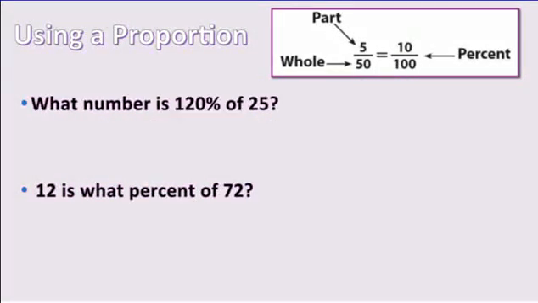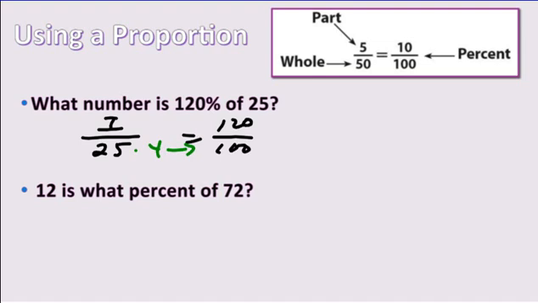Next one, what number is, so we're trying to find the is, 120% over 100 of 25. And here I know that 25 times 4 gives me 100.